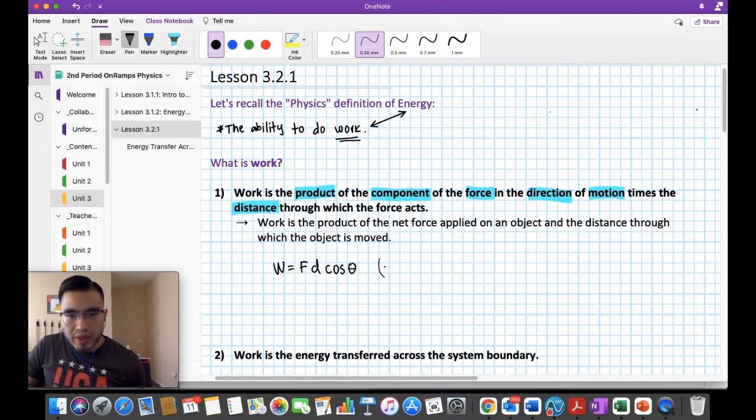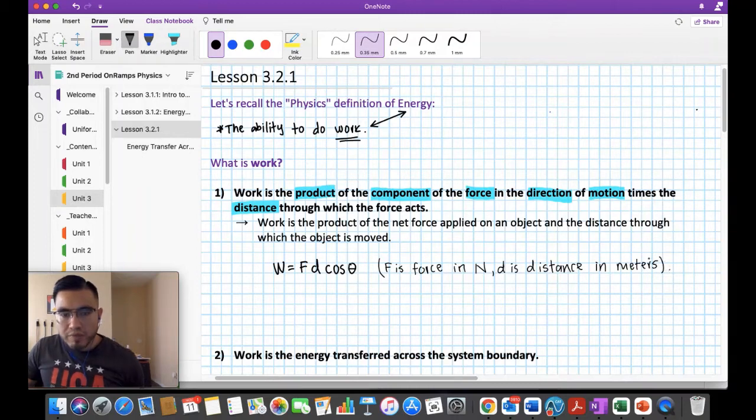F is force, in newtons, d is distance, in meters. And then, of course, the cosine of theta, that's a trig function, and theta specifies direction.